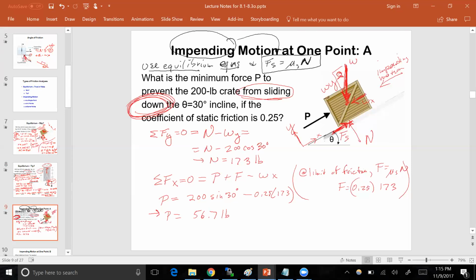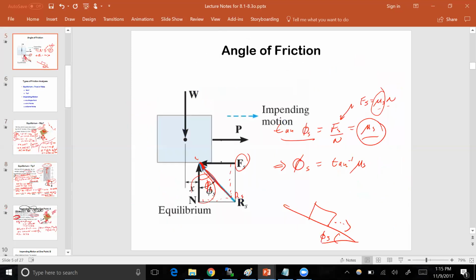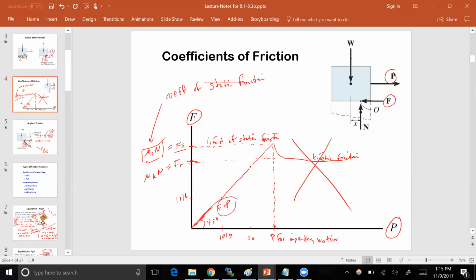What if we apply 56.8 pounds? What do you think, 70? We apply 56.8 pounds, is it going to start moving up? What do you say, Matthew? I feel like it's not going to move up, right? Yeah. Remember, when we're at the limit of static friction, if we lowered our force a little bit, it's going to slide down.